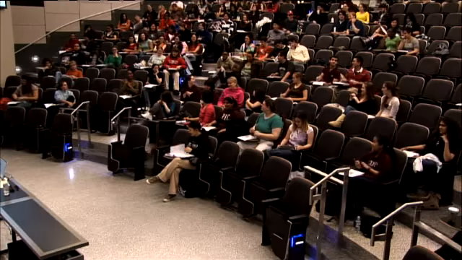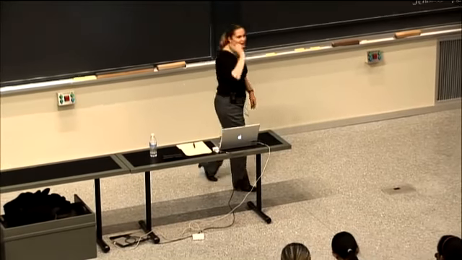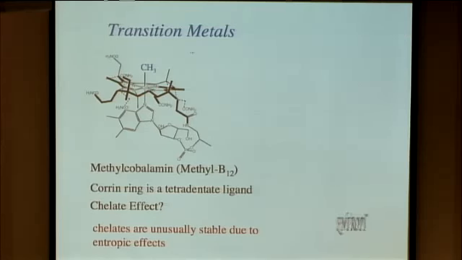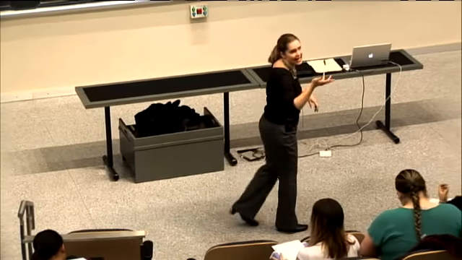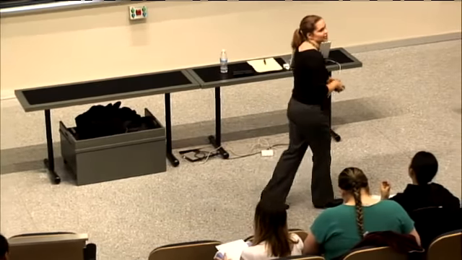Right, so chelates are unusually stable due to entropic effects. So it's an entropy effect. So if you have a metal that's free in solution, it's going to bind to a lot of water molecules. And often metals like to bind to 6 things. You see a lot of octahedral complexes. So if you have a metal bound to 6 waters and you bring in a chelate that will bind with multiple points of attachment, such as EDTA, which binds at 6 points of attachment, that one molecule of EDTA will displace 6 water molecules.